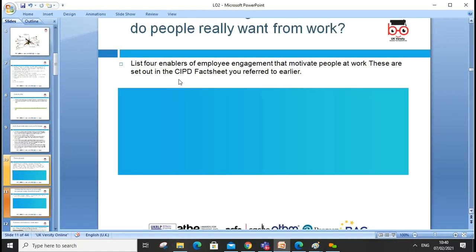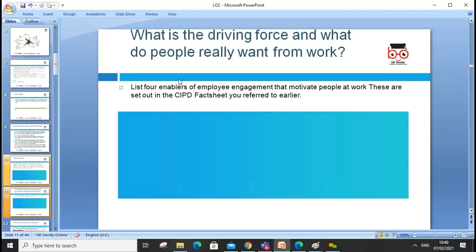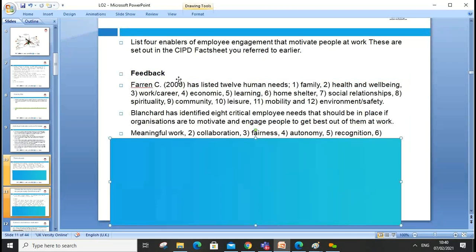Okay, second, what is the driving force, what do people really want from work? So list the four enablers that will help to motivate people. We can look at what four things they can be.